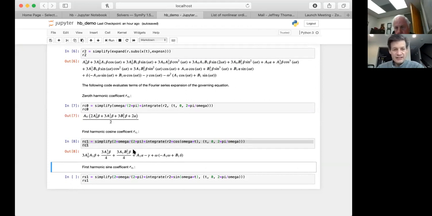But again, you typically have to use a numerical technique to solve for it, even for something seemingly as simple as the Duffing's equation. All right, so let me go back to the presentation here.